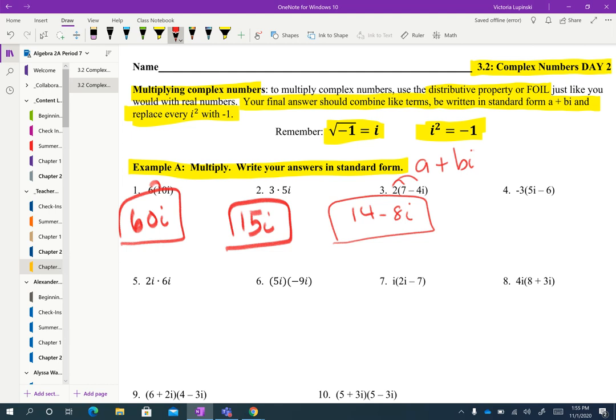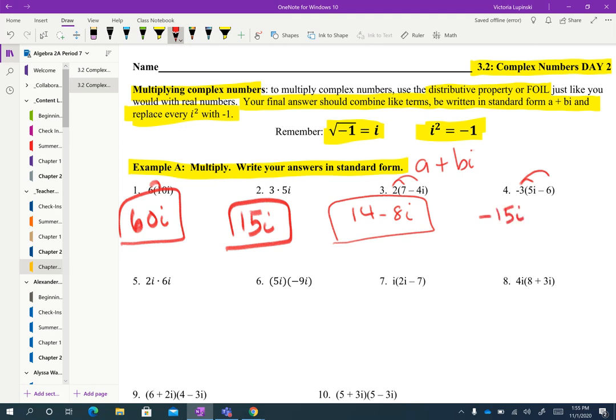Now, don't take the problem farther than it needs to, even though there is a common factor to 8 and 14. You don't want to divide, you don't want to factor, you just want to make sure your answer is in standard form and then call it a day. Here in number 4, you're also distributing, but with a negative this time. So a -3 times a 5i, that's a -15i.